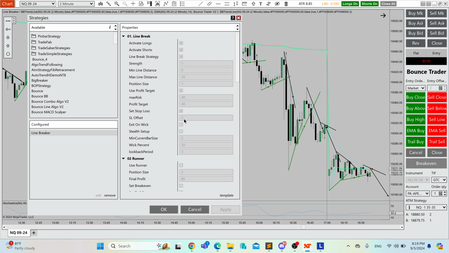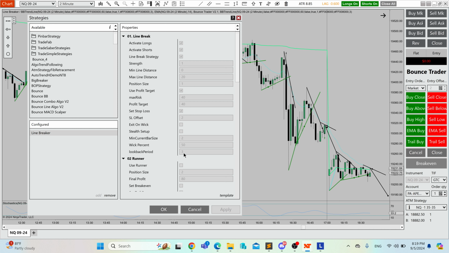Stop loss offset 2 below the high or low. I'm not using stealth setup. The signal bar should be at least 2 points, and should not contain a lot of wick.